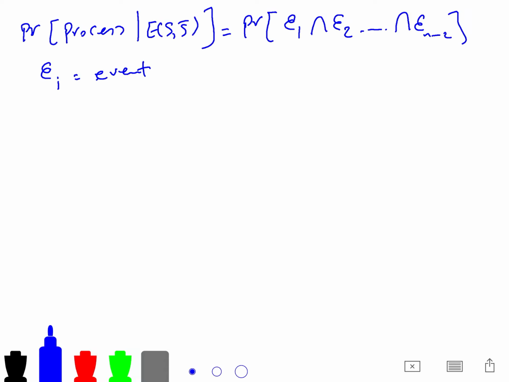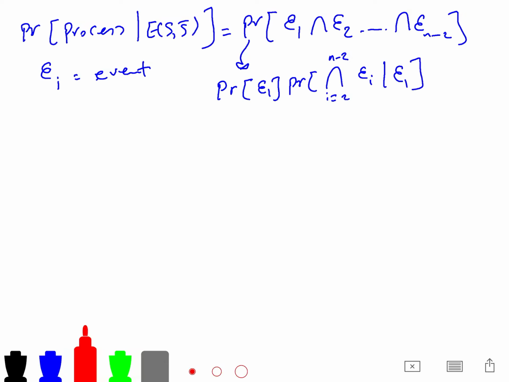And what we can do is just say that this is the probability of KC_1 times the probability of the other events conditioned on KC_1, using simple probability. And recursively, we can go on and say, okay, this is the probability of KC_2 conditioned on KC_1, times the probability of the intersection over i from 3 to n minus 2.